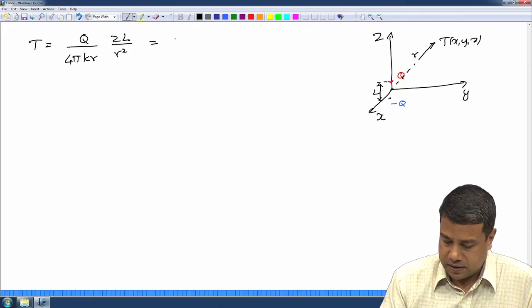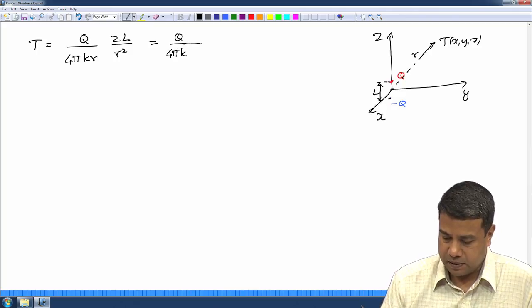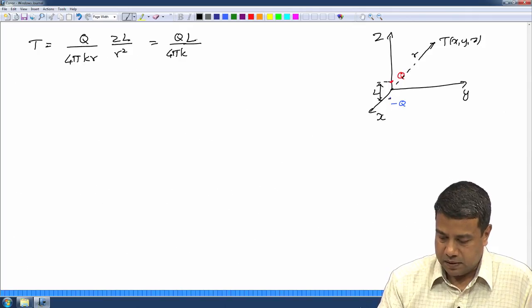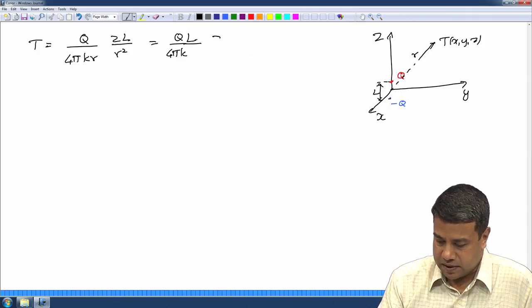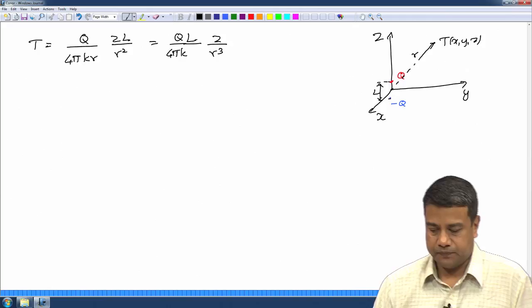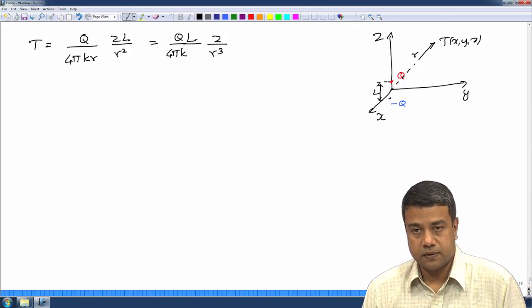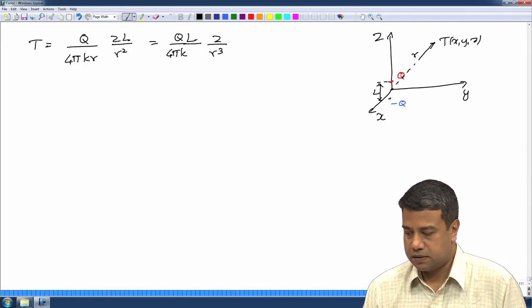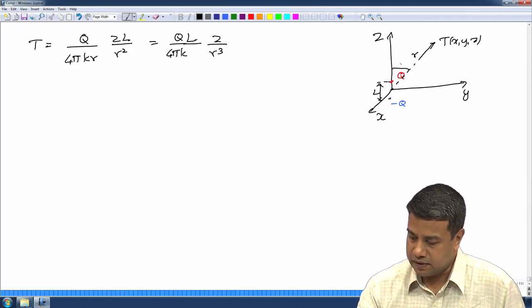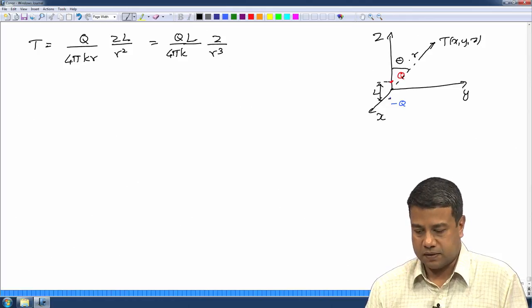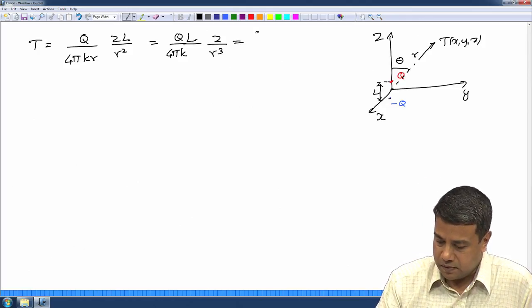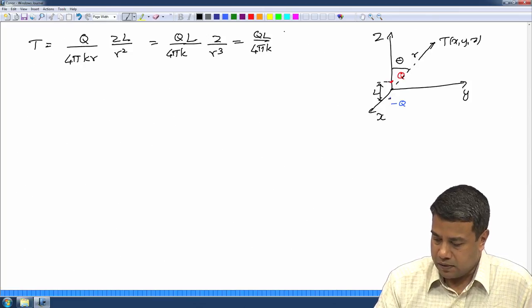I can write this as q by 4 pi k into L into z by r cubed. Since z is equal to r cos theta, if you recall when we did a spherical coordinate system, this is equal to q L by 4 pi k into cos theta by r square.